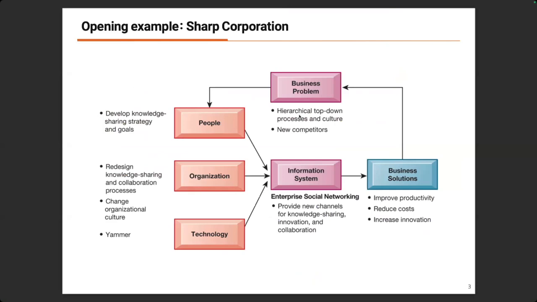The senior managers in Sharp Corporation identified the exact problems of the company, and they had the willingness to change their business processes and organizational culture to be more democratized, and they wanted their employees to share their opinions freely.